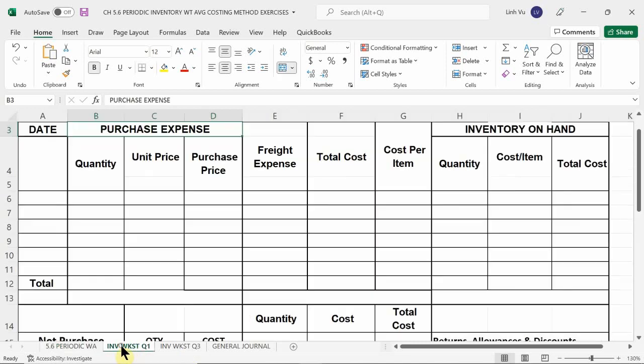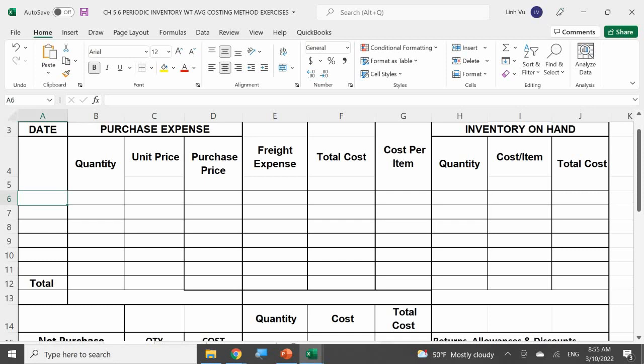This is going to be one of the easier, quicker ones to do. I'm only going to have you practice filling in your table here, because the journal is just rinse and repeat: purchase expense, freight expense, and how we paid for it. There's nothing you can't do, because it's just rinse and repeat of what you learned.